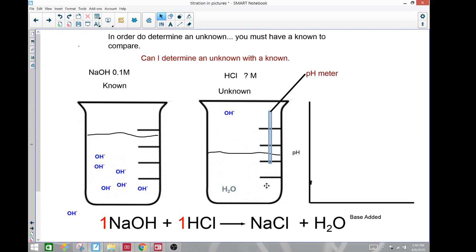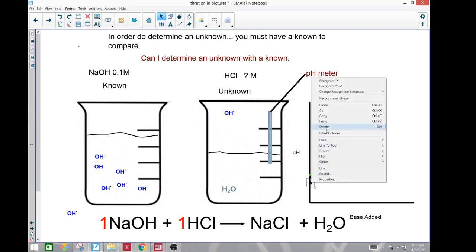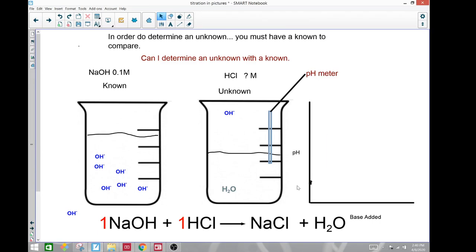Let's do this quickly here. I added hydroxide, and sure enough, now I'm getting a little bit more towards neutral. So I drop another one in, and I get another water molecule formed because there must have been an H plus there. And of course, I'm getting a little bit closer to neutral.